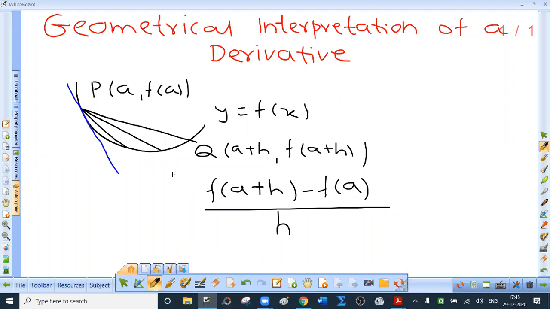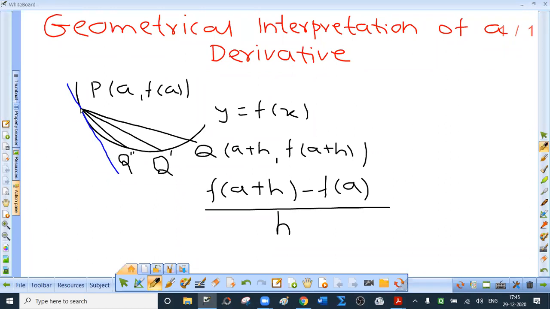Now, limiting position of secant is tangent at P. Suppose this is the first position Q. As Q approaches P, but strictly along the curve, suppose this is next position Q dash. Then this is again next position and so on. So when P and Q coincide, this is nothing but tangent at P.